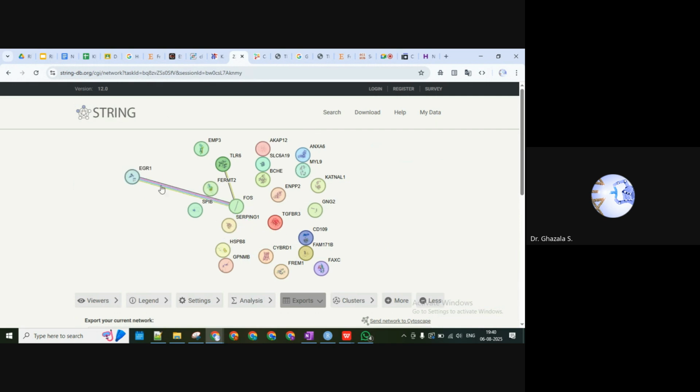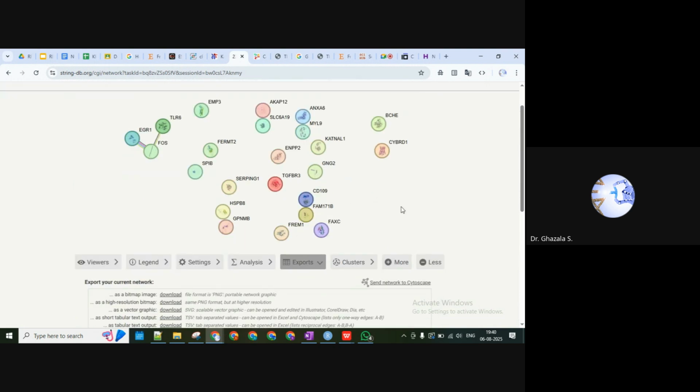Okay, so now we have a network here with just two genes, which are not connected right now in this state.